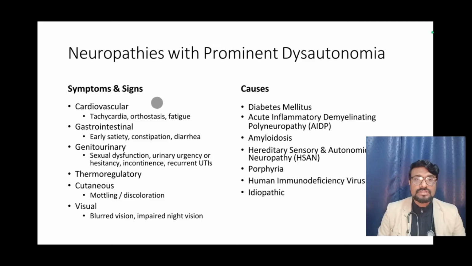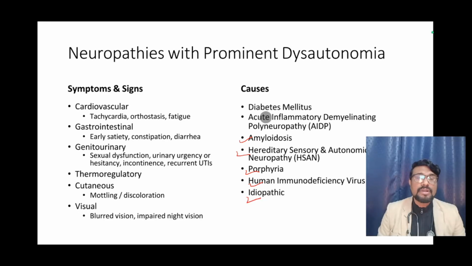The causes for it include diabetes, acute inflammatory demyelinating polyneuropathy, amyloidosis, hereditary sensory autonomic neuropathies, porphyria, HIV associated neuropathies and idiopathic causes.